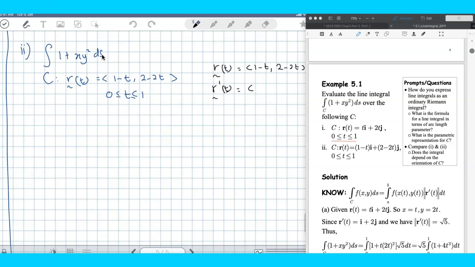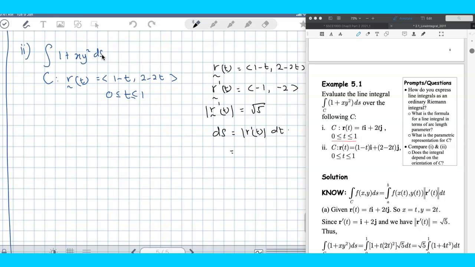So you will get minus 1 and minus 2 and find its magnitude. So you have square root 5. Then we can get ds is the magnitude of r prime, dt.